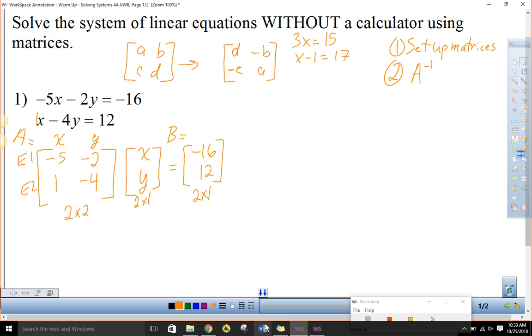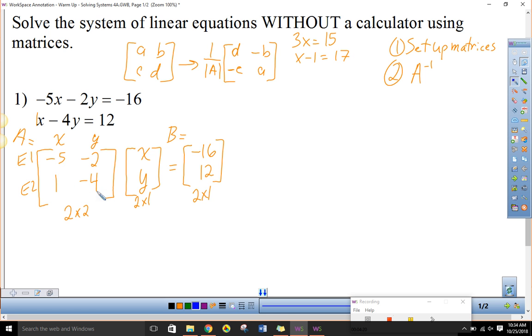And we had to do one other thing. 1 over the determinant. Remember doing that? You remember doing that? So, first of all, what's the determinant of this set? You calculate the determinant before you switch it. What's the determinant of this guy? I need to click into another color.